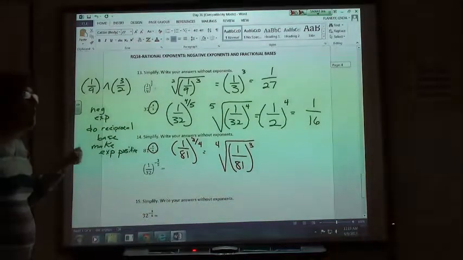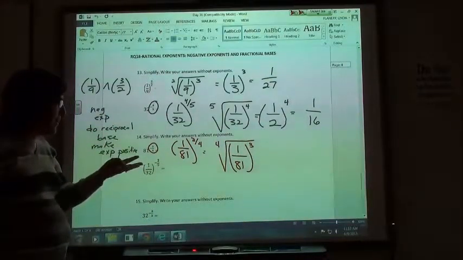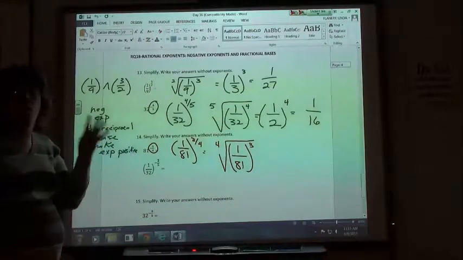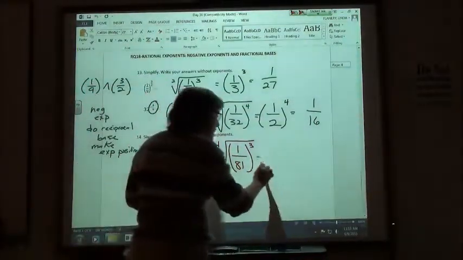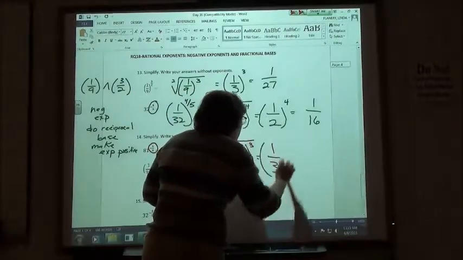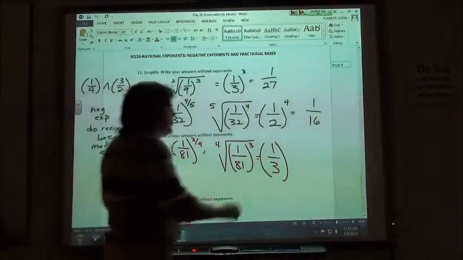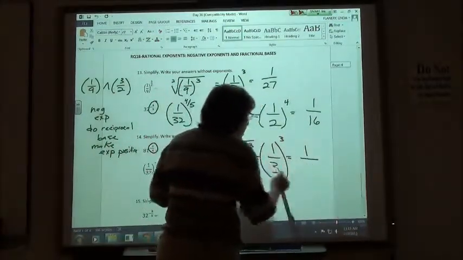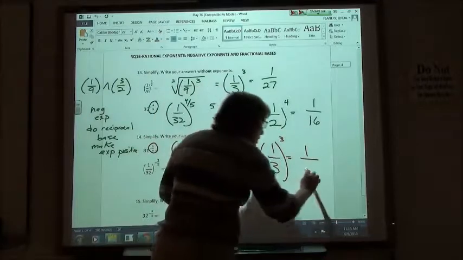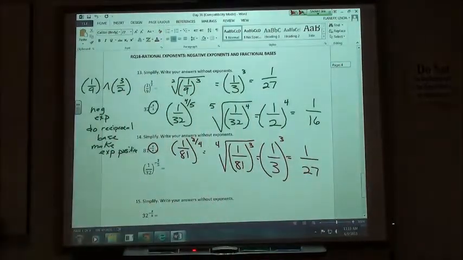What was 3 to the 4th? 3 times 3 is 9. 9 times 3 is 27. 27 times 3. Oh, there's my 81. The 4th root of 81 is 3. So the 4th root of 1/81 is 1/3. I then have to raise that to the 3rd power. 1 cubed is 1. 3 times 3 times 3. 3 cubed is 27. So I get 1/27.